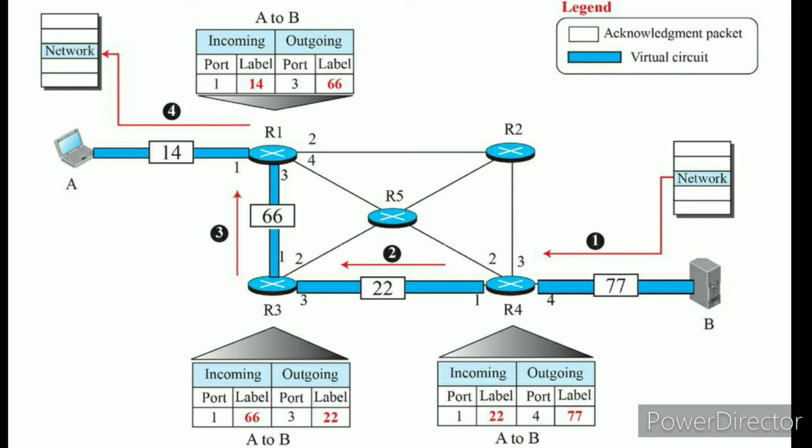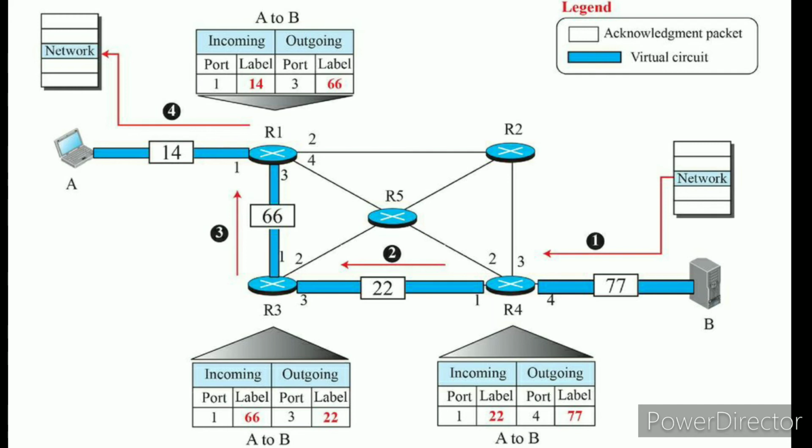When R1 receives it, it will fill 66 over here, and from that it goes through the label called 14. That is how the outgoing labels are filled based on the packet that has been sent. This is what we did in the acknowledgement packet.